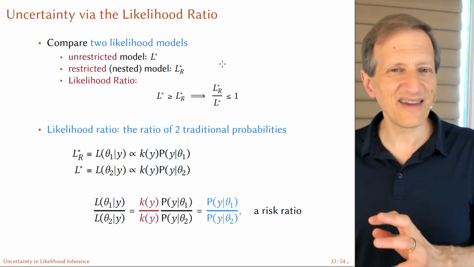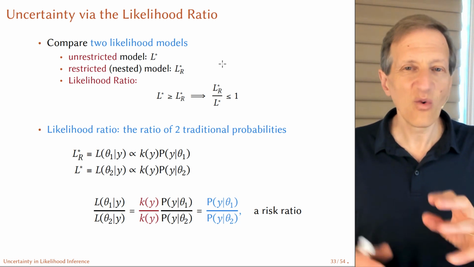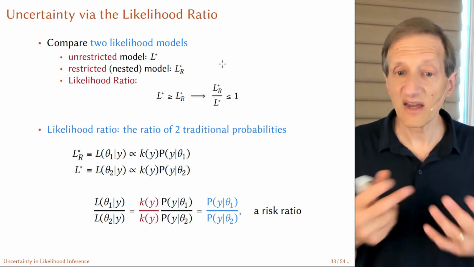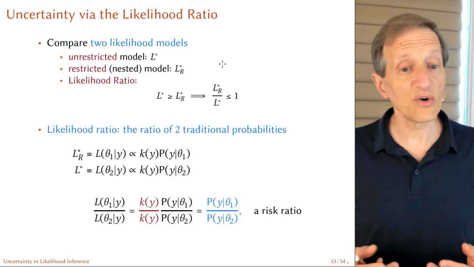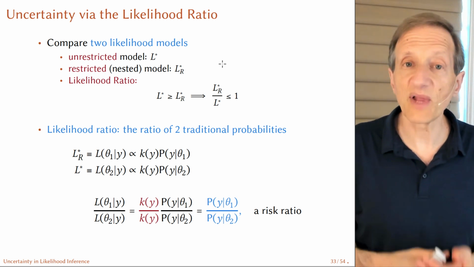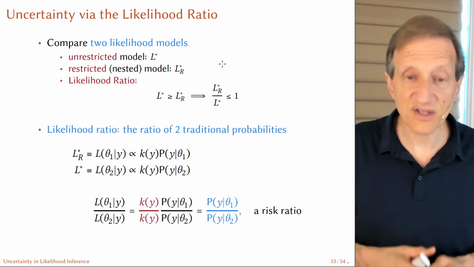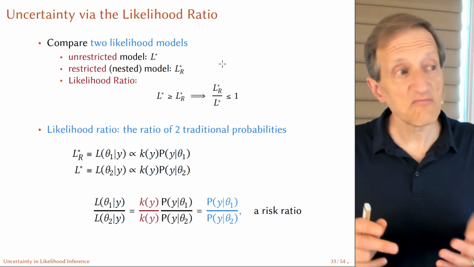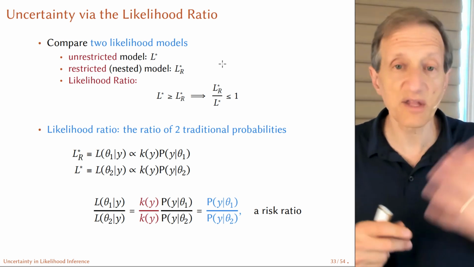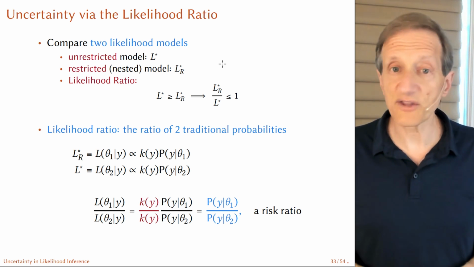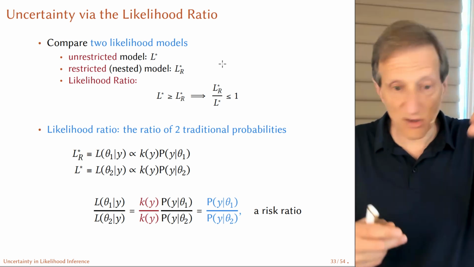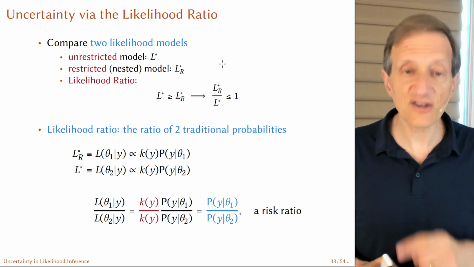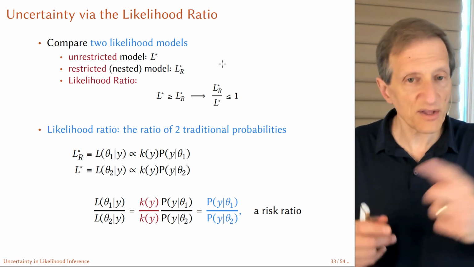And the interesting thing is, you now know one method of expressing the uncertainty of your conclusions. If the unrestricted maximum likelihood estimate, in this case, is theta 2, and you want to know how much different that is from some other value, let's say theta 1, which we call the restricted value, you can create this ratio and evaluate those two numbers.